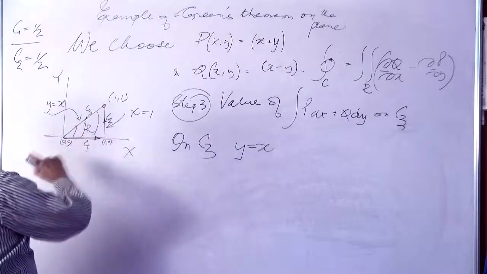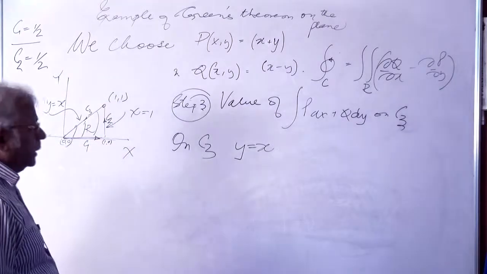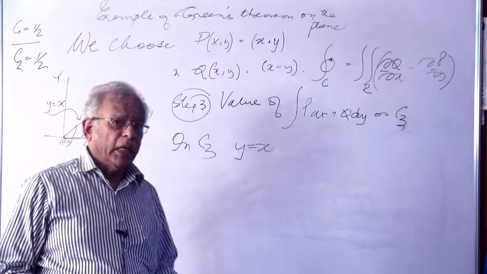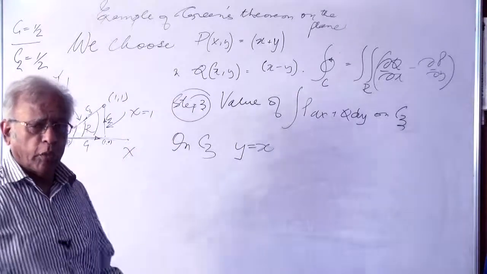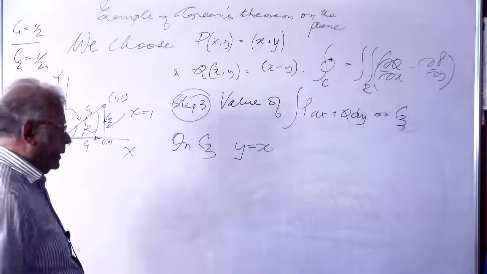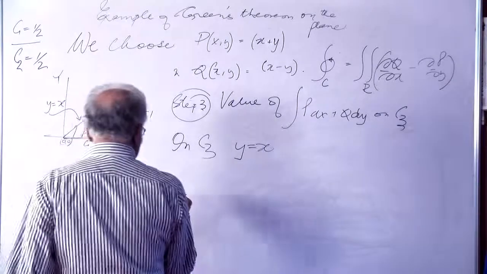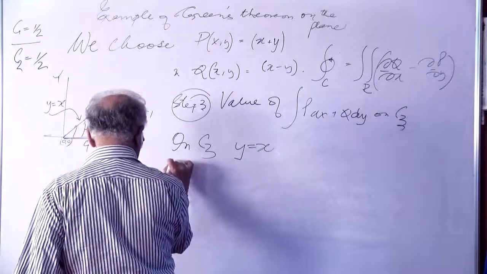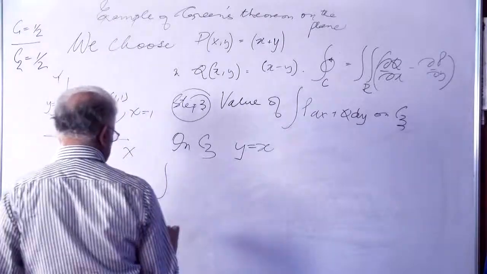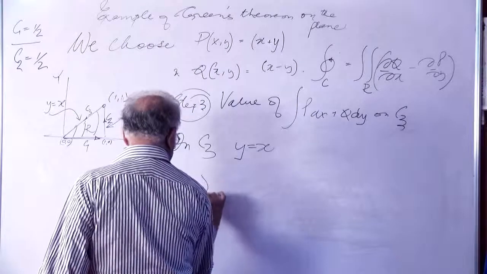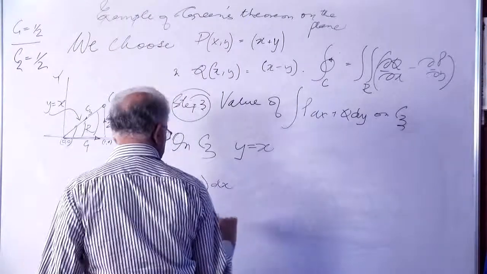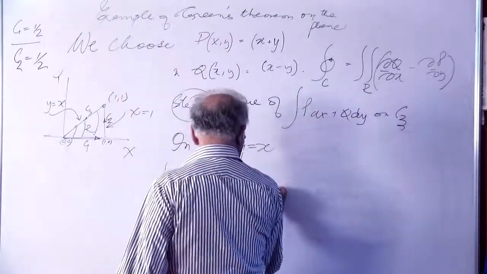This is the equation of this line. And x and y are both changing, so neither dx nor dy is going to be 0. But x is equal to y. So let us see what happens. Integral of x plus y dx plus x minus y dy on C3.